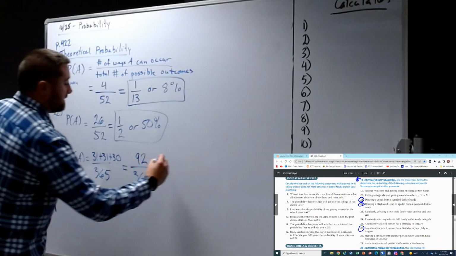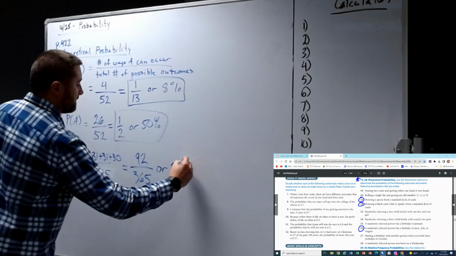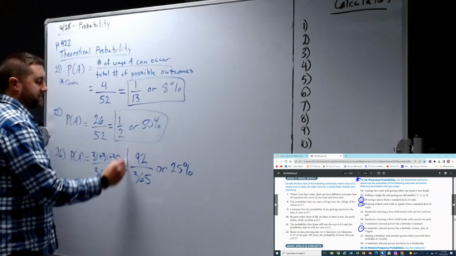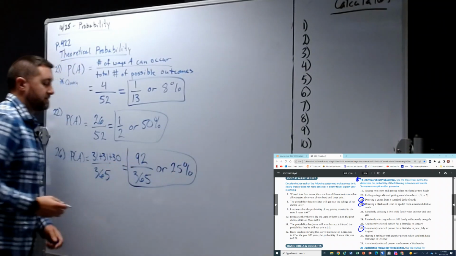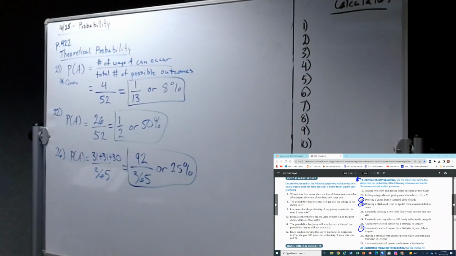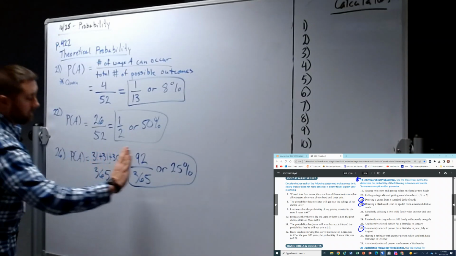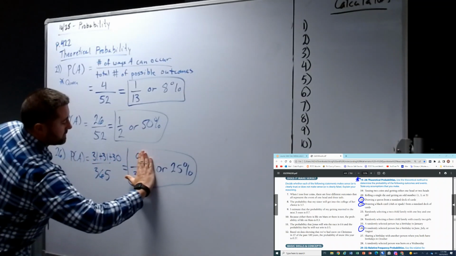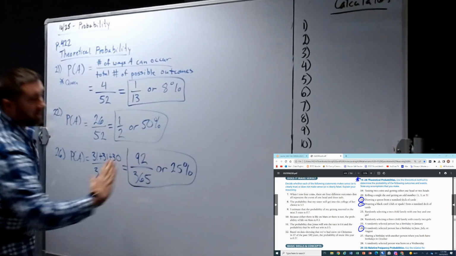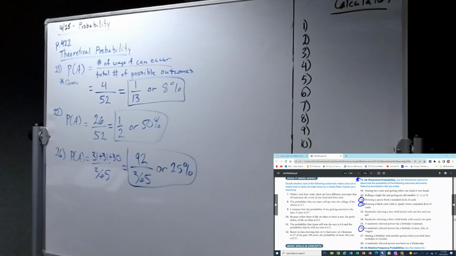Now, let me ask you this. On the surface, 92 out of 365, to most folks, may not look like 25%, right? But check this out. If you cover up the 2 and the 5, you got 9 divided by 36. That's 1/4. So yeah, it's thereabouts.